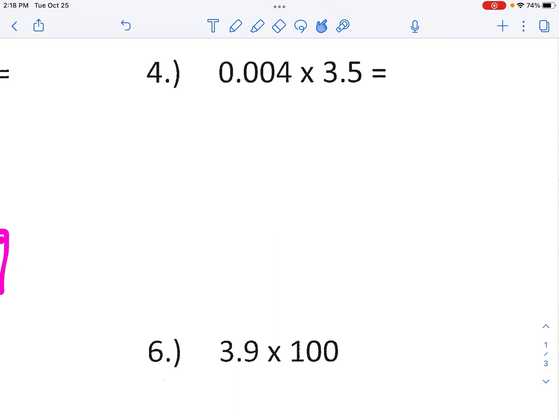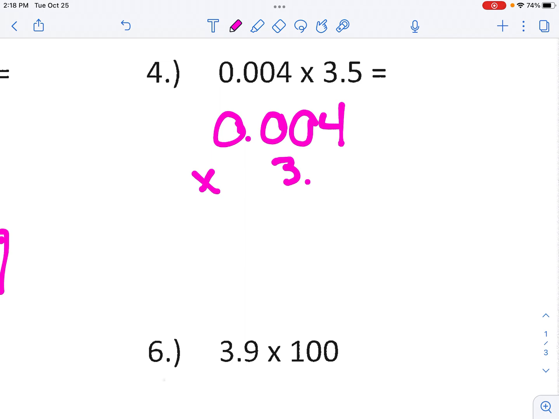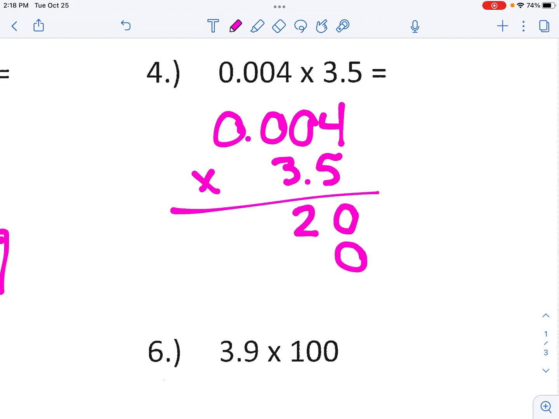Number 4. 4 thousandths times 3 5/10. 5 times 4 is 20. Put your 0 placeholder. And 3 times 4 is 12.